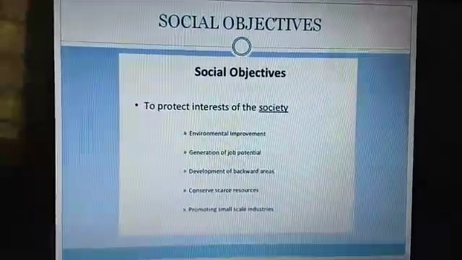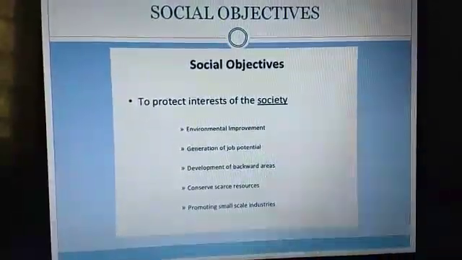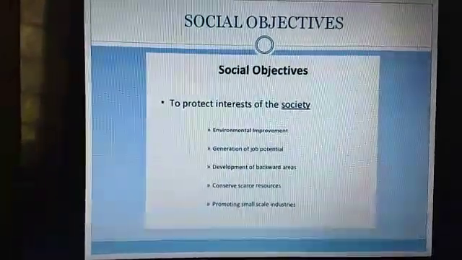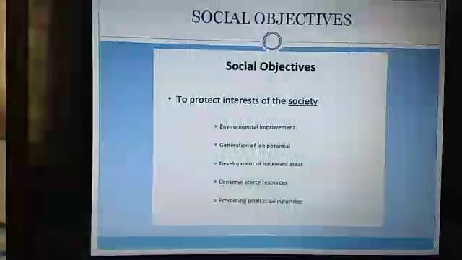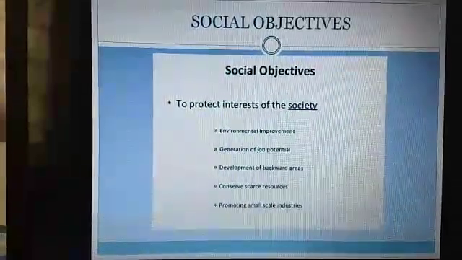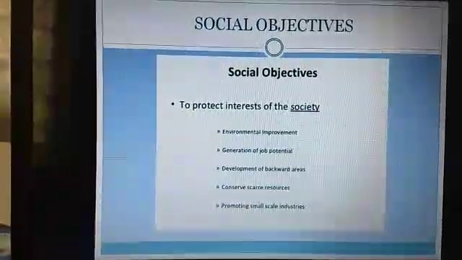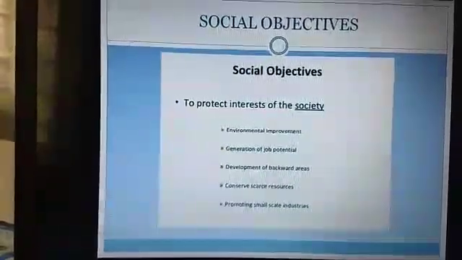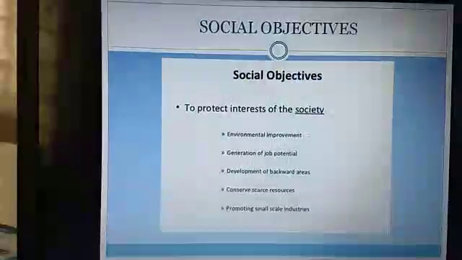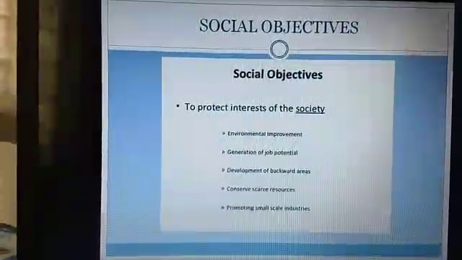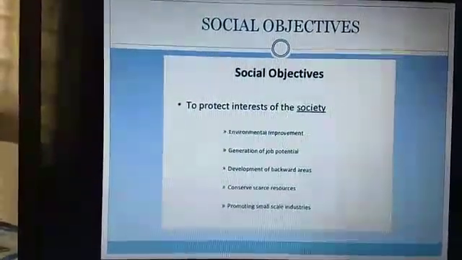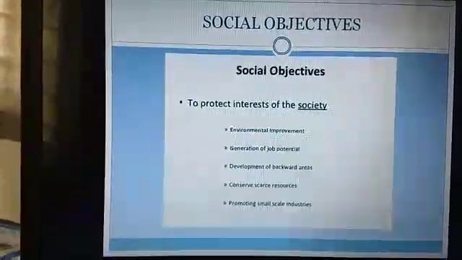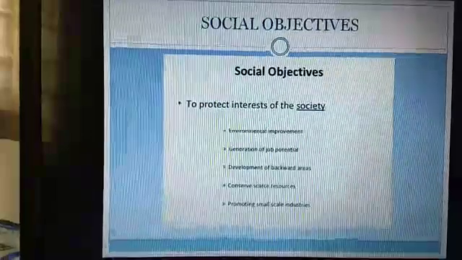Some of the points included under social objectives are environmental improvement, generation of job potential, development of backward areas by setting up new units, conservation of scarce resources, or full utilization of whatever resources are available, and promoting small scale industries so that they can provide employment opportunities to the people of backward areas.